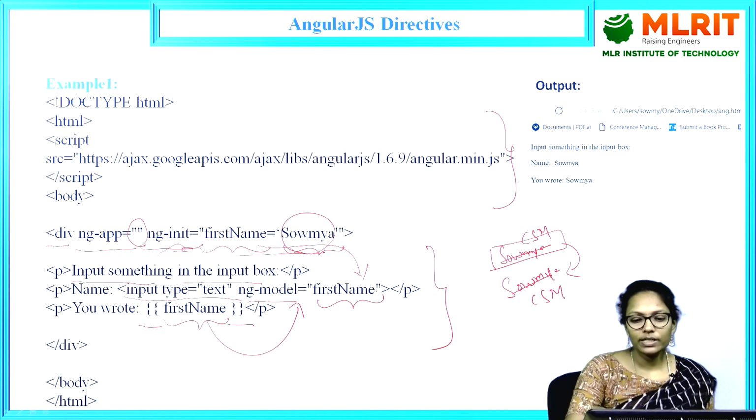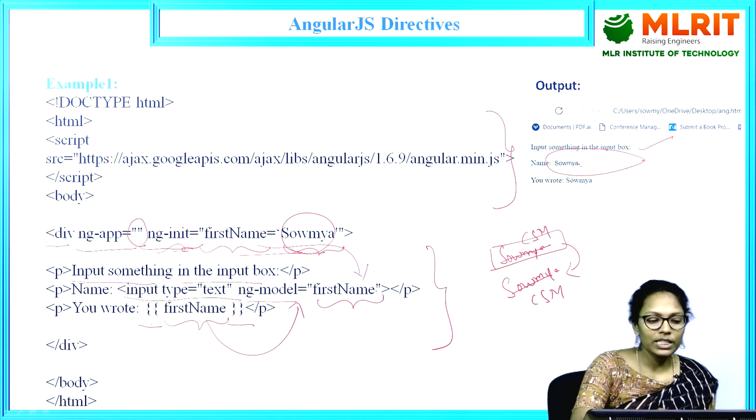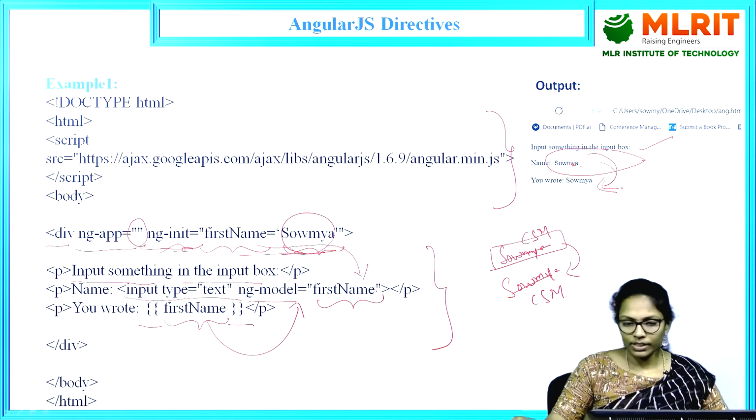So that's all. This is the output here. The first line as it is, whatever you are giving, followed by one text field. In the text field, initially it will display Sowmya. Why? Because you have initialized this value already. The same thing will be displayed here. I can modify this value. Whenever you modify this value, the same value will be displayed and reflected here also. See the output for this.